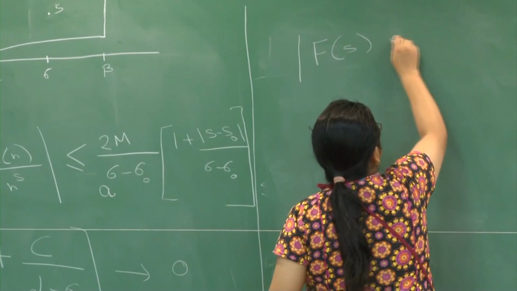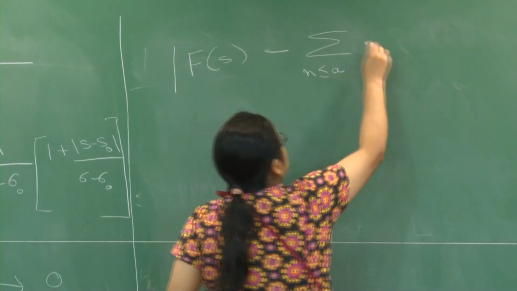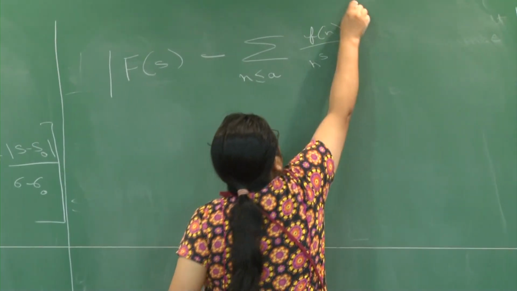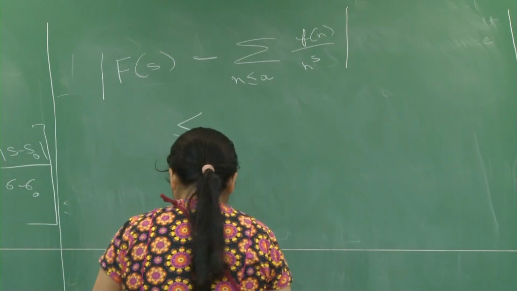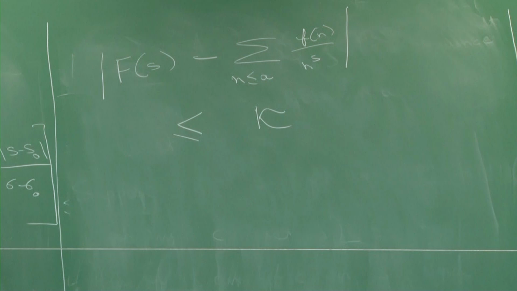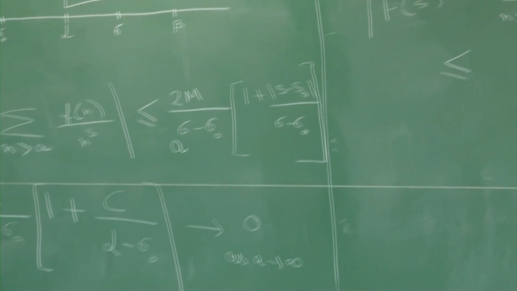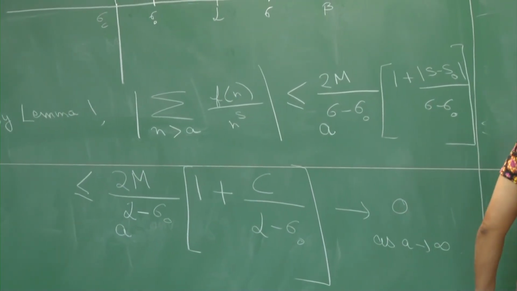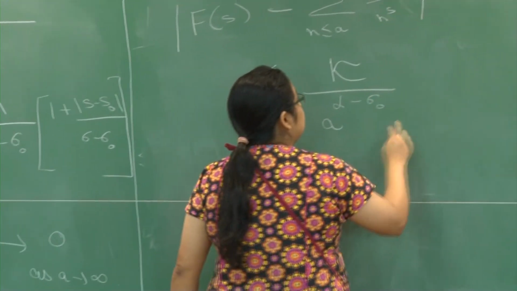What you have shown so far is that this is bounded above by some number, some absolute number kappa, which is coming from the combination of your m, 1 and c and everything, alpha and sigma 0, times over a raised to the alpha minus sigma 0.